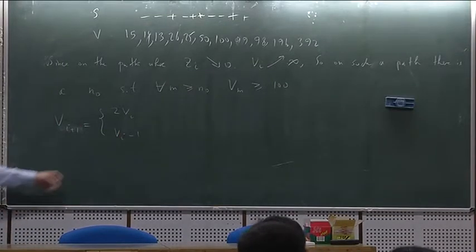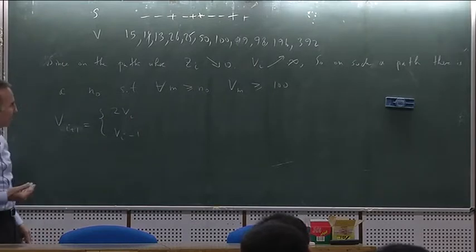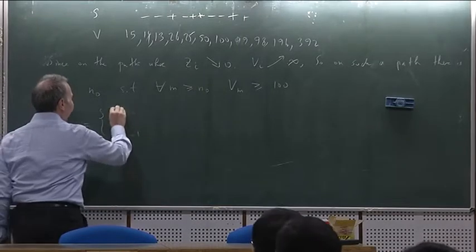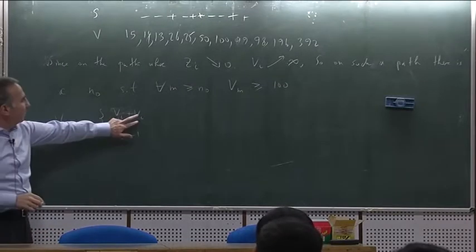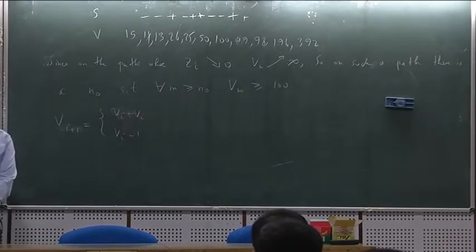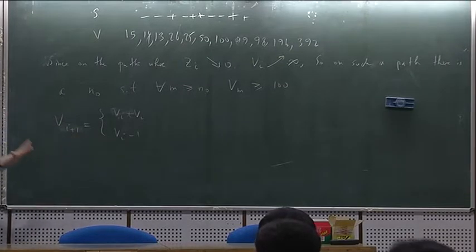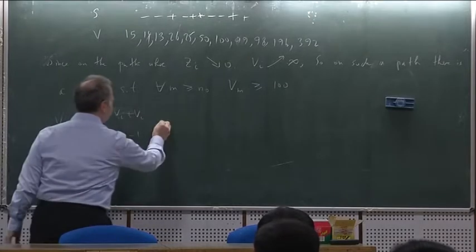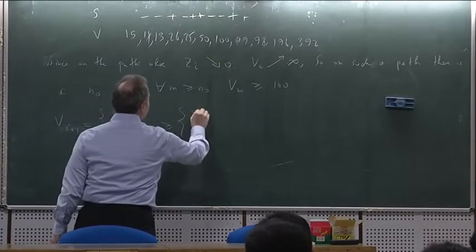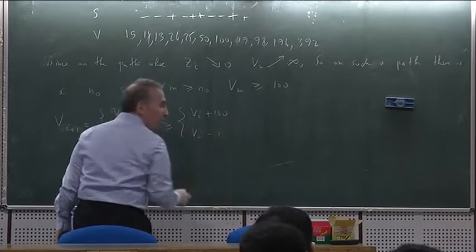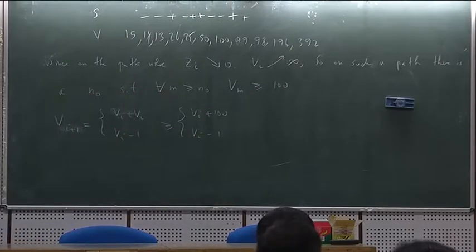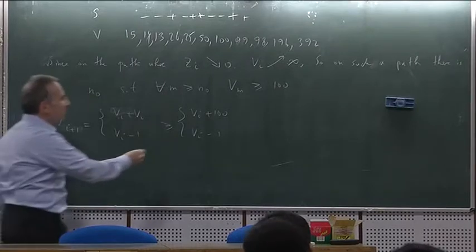But the 2vi is vi plus vi. And the second vi that I'm adding, I know to be at least 100, because I know that from this point on, I never encounter any vi which is less than 100. So this is bigger than vi plus 100, or vi minus 1. Okay. So now let me actually make this number to be 101.